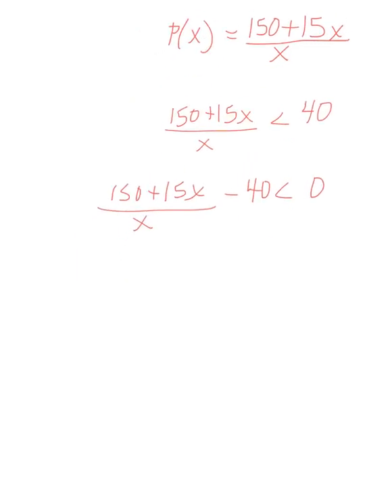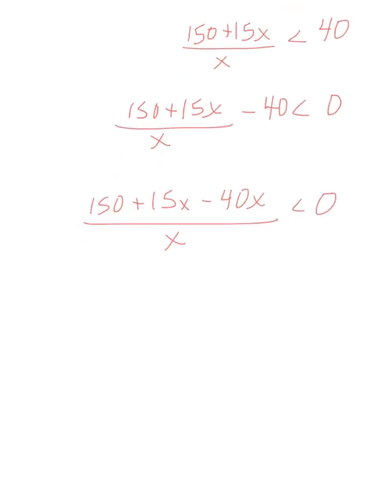Get a common denominator here: 150 plus 15x minus 40x, all over x, less than 0. Let's do this part first: negative 25x plus 150 all over x less than 0.